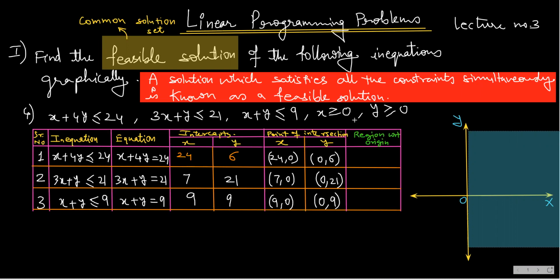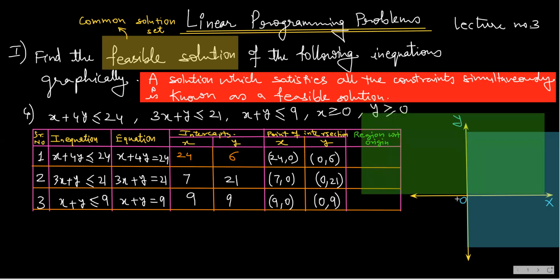See, this region is x greater than or equal to 0. Then y greater than or equal to 0 is this region. But now you have both of these, so you need x greater than or equal to 0 and y greater than or equal to 0.